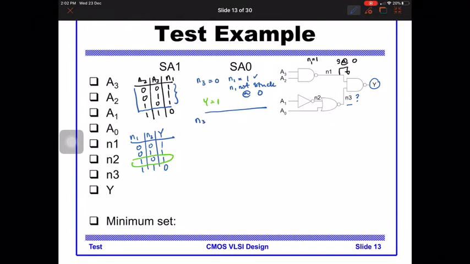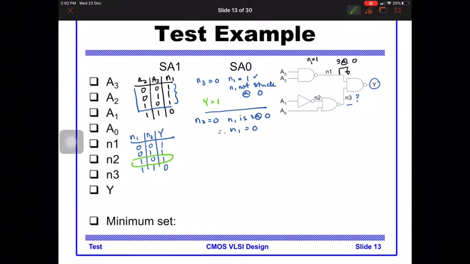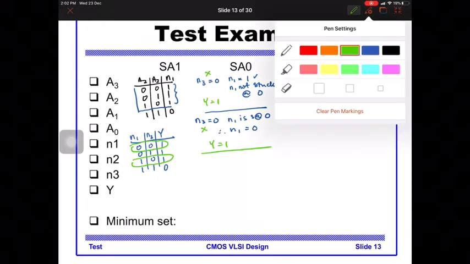The next case. N3 is still equals to 0 and N1 is stuck at 0. Therefore, N1 equals to 0. What will the Y be? So for that case, N3 is 0 and N1 is also 0. Y will still be 1. So here the Y doesn't change, so you cannot tell if the node N1 is actually stuck.